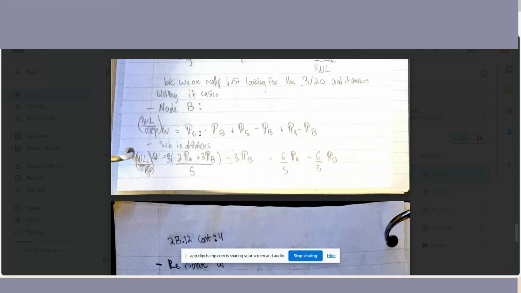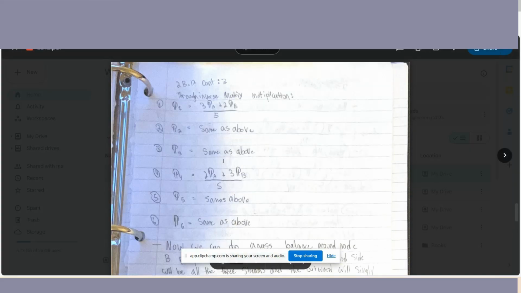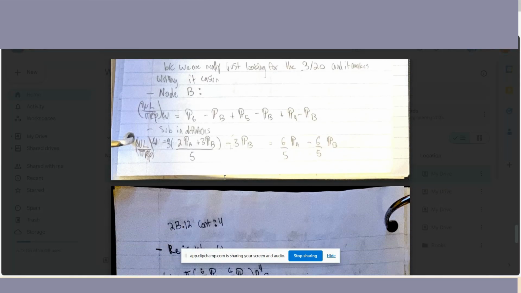And you'll notice P6, P5, P4, they're all the same definition. And if you do this balance around node A, it'll be P1, P2, and P3 that are in the balance, and it will be this definition here instead of this definition. Obviously, that's pretty self-explanatory, but I figured I'd say it.